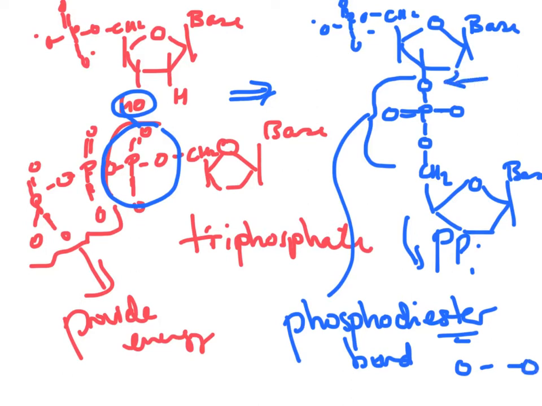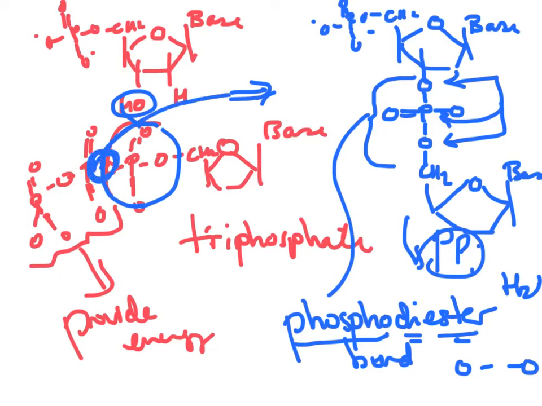So you have an oxygen with a phosphate linked to an oxygen. A phosphodiester bond. So this condensation reaction results in water, the loss of inorganic pyrophosphate, PPi, that's what it's called, and the energy that was in the bond here is actually transferred to the bonds of the phosphodiester bond.